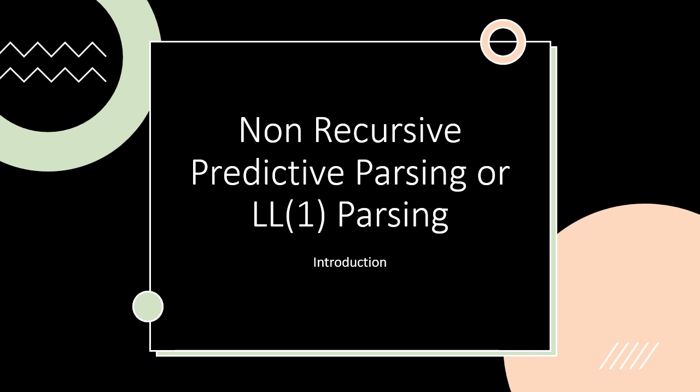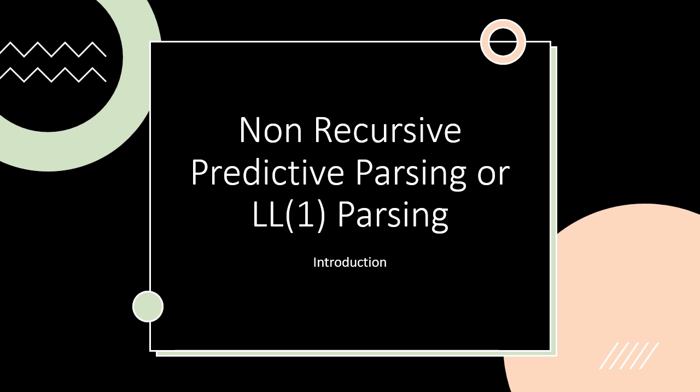Hello everybody. In this video, we are going to talk about non-recursive predictive parsing, which we commonly also know as LL1 parsing. In our previous lectures, we have also seen recursive descent parsing, which is the type of top-down parsing where we follow recursive procedures to complete our parsing.